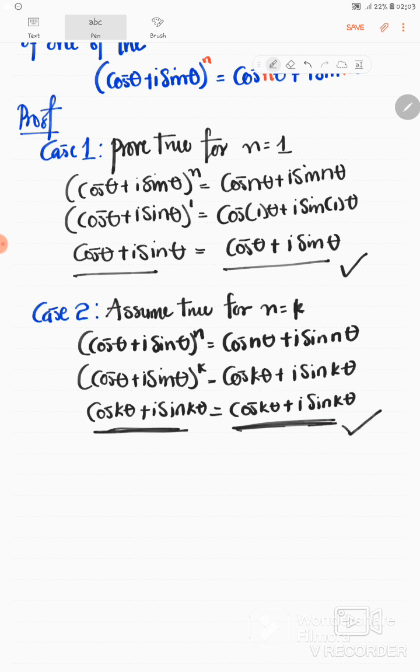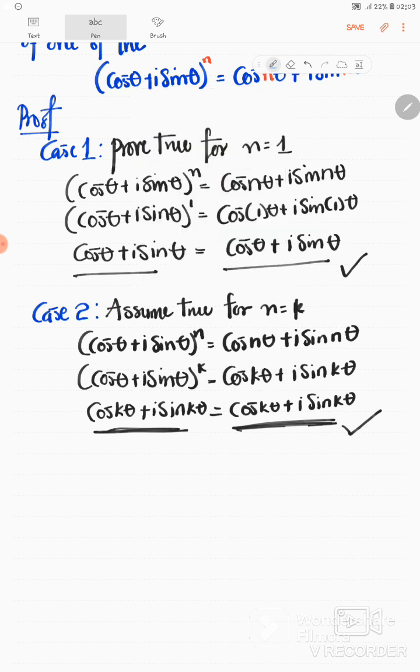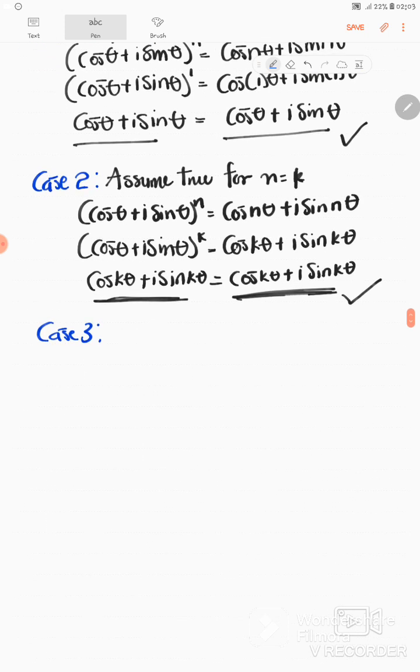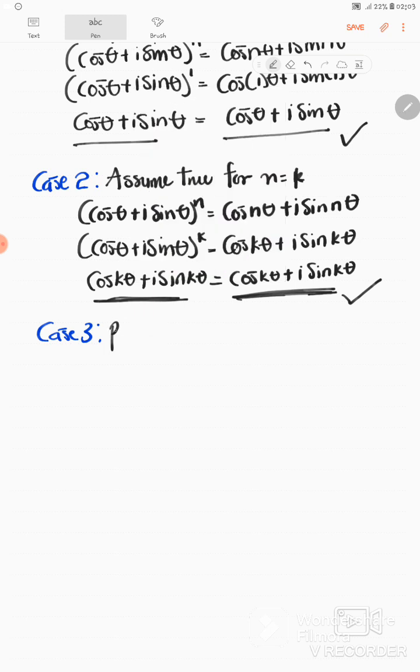Now let's go to the final case. That's case 3. And case 3 states prove true for n equals k plus 1.